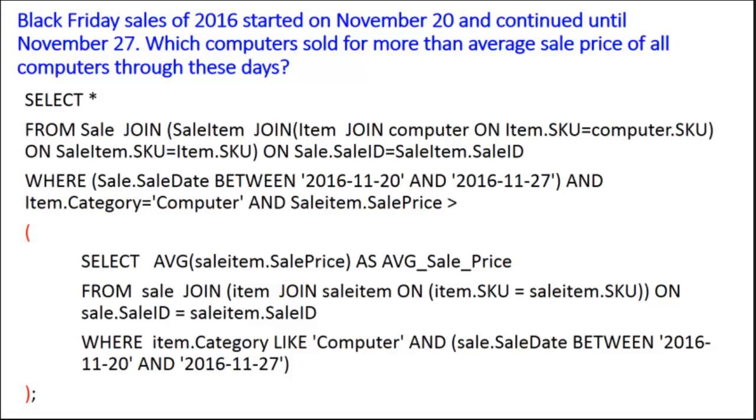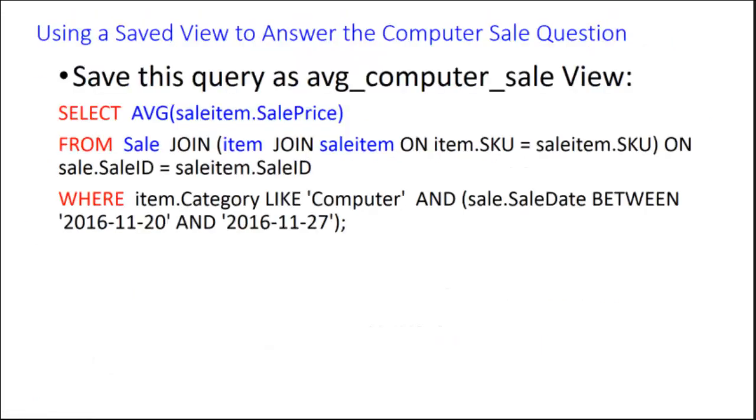And for retrieving average sale price within those days, we need the same three tables: sale item, sale for date, item for category must be computer, and then sale item for the sale price. And putting down the same criteria, must be computer and sale date between those 2 days.